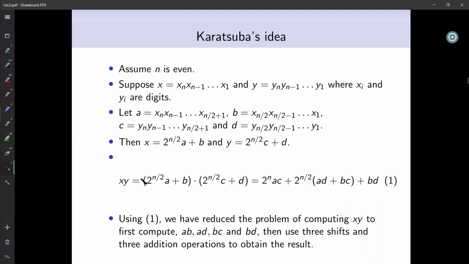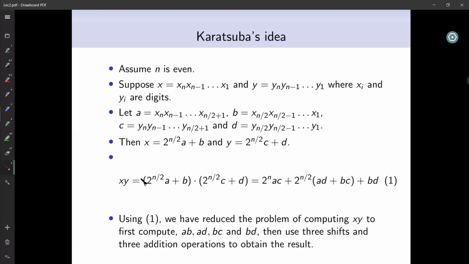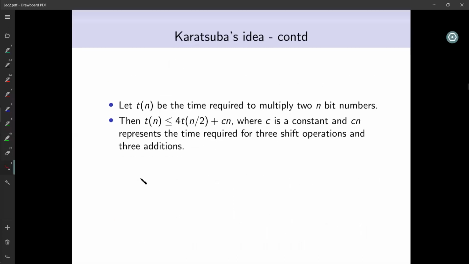Now we can state this as a simple recursive procedure, right? Multiply xy makes recursive calls: multiply ac, multiply ad, multiply bc, multiply bd. So 4 recursive calls. Each instance will have size n/2, and then shift, and then add. So we can write the time required for this algorithm.